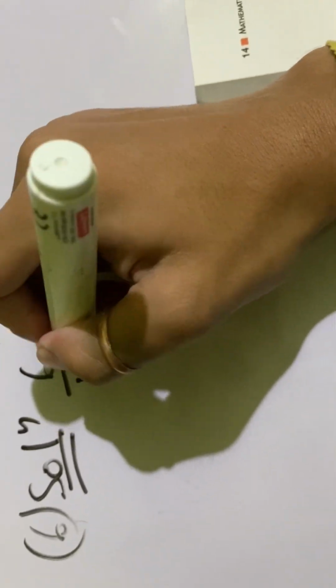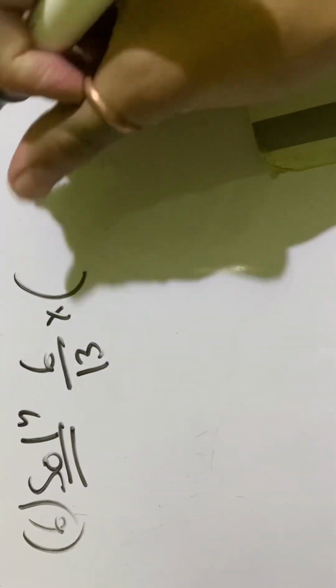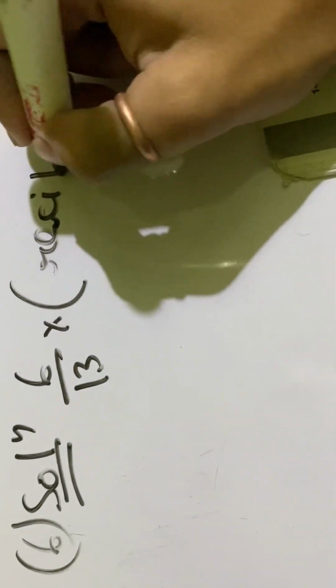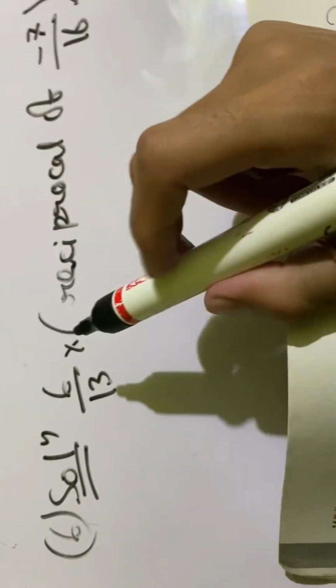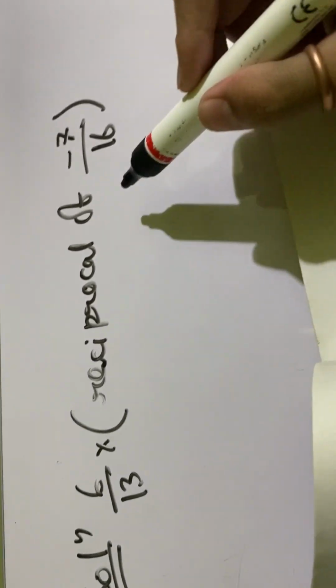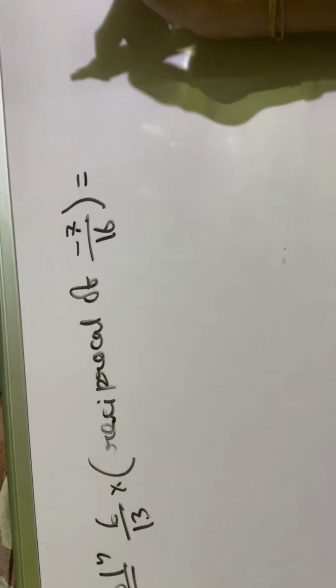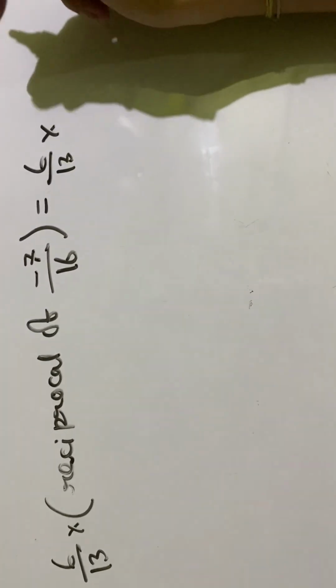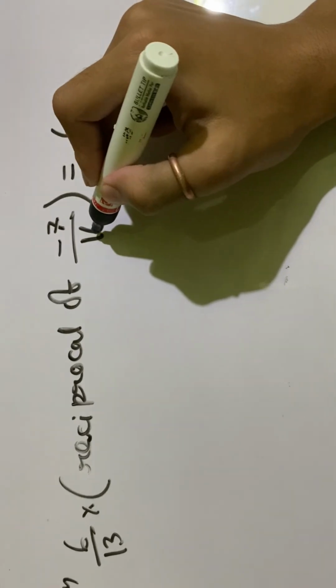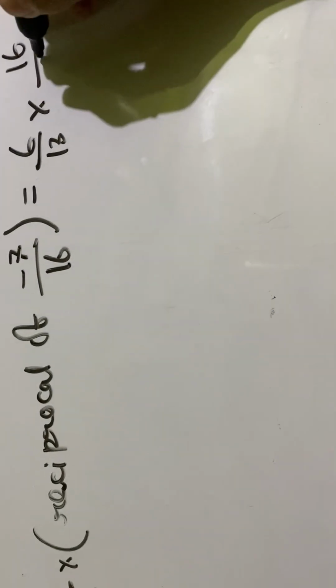Question number 6 says that 6 by 13 into reciprocal of minus 7 by 16 equals 6 by 13 into the reciprocal of minus 7 by 16, which is 16 by minus 7.